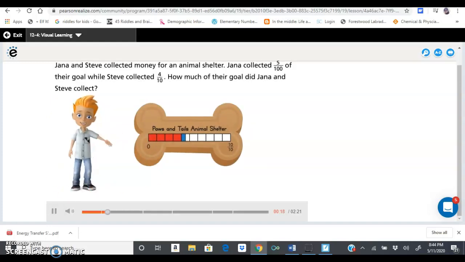Collected money for an animal shelter. Janet collected 900.